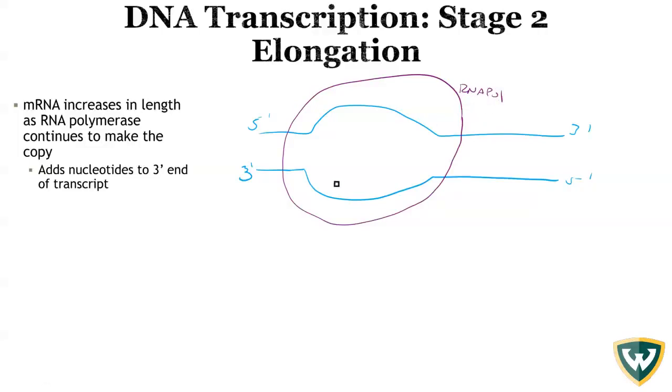What's occurring, and what we visualized in the last slide, is RNA polymerase is now just elongating the RNA downstream by grabbing all those relevant RNA-based nucleotides from the cytoplasm and adding them in here.